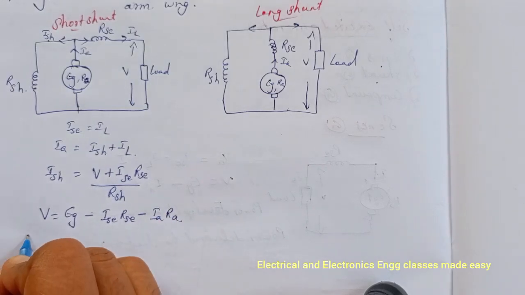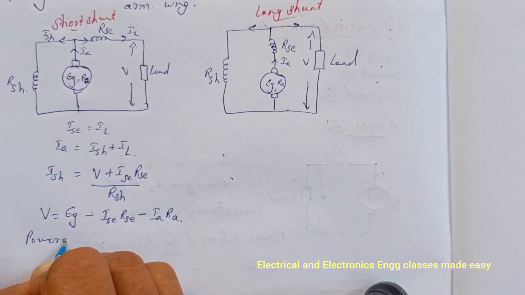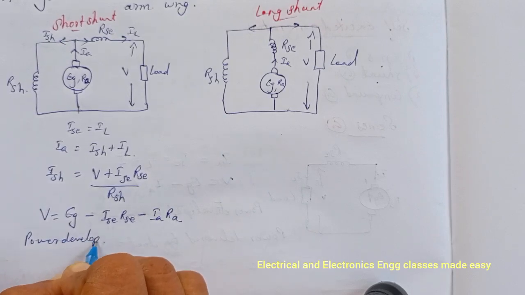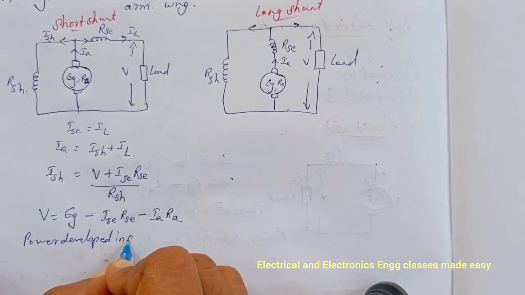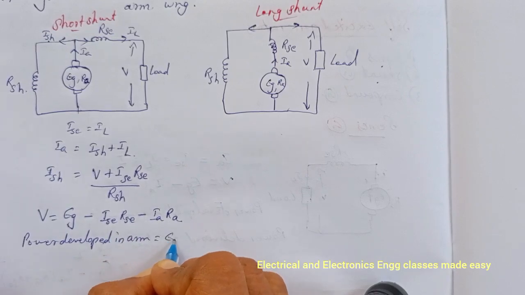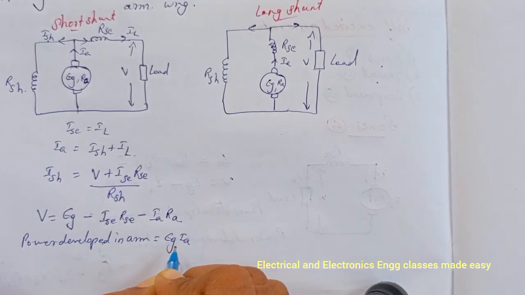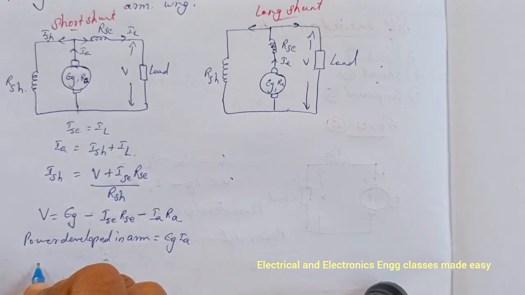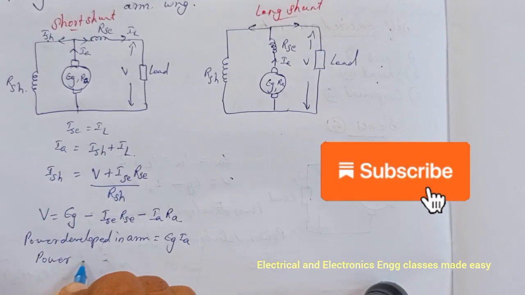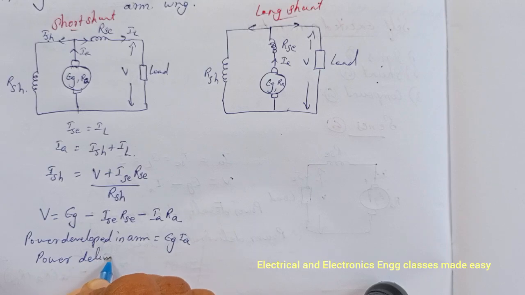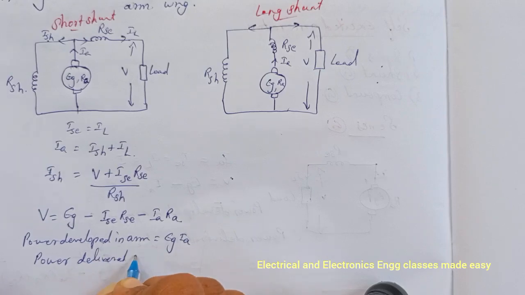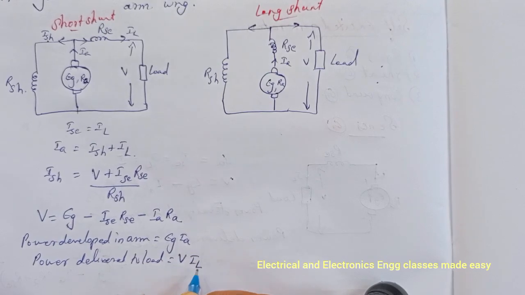And power developed in armature is equal to EG into IA, and power delivered to load is equal to V into IL.